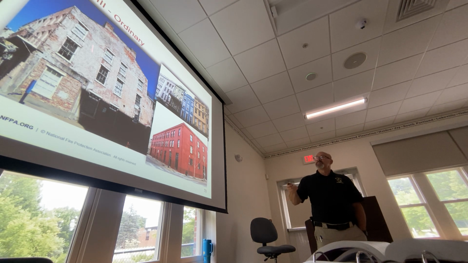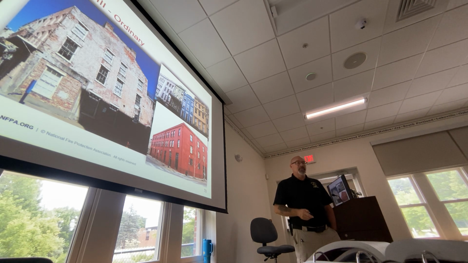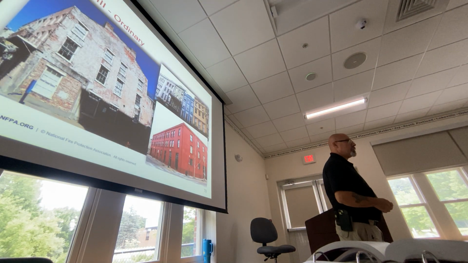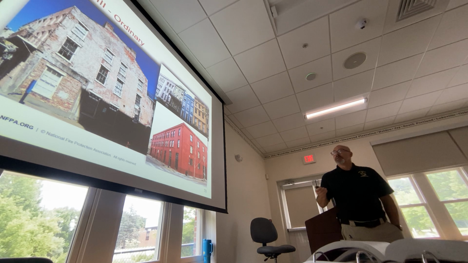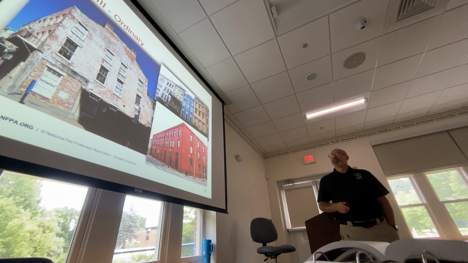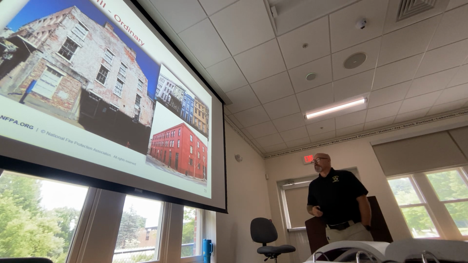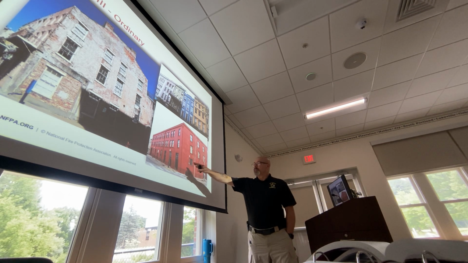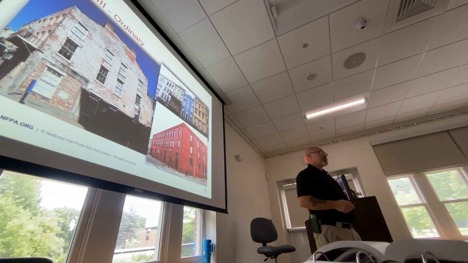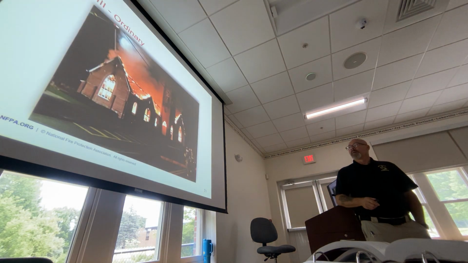All brick on the outside, but everything on the inside is wood. All your partitions, all your floors, sometimes, most often the roofs, are all wood. Yes, the brick doesn't burn, but everything else does. As we can see.